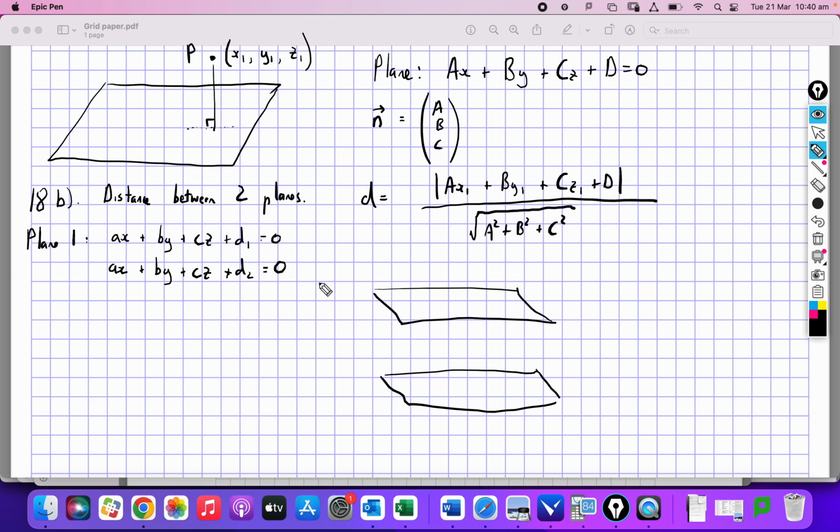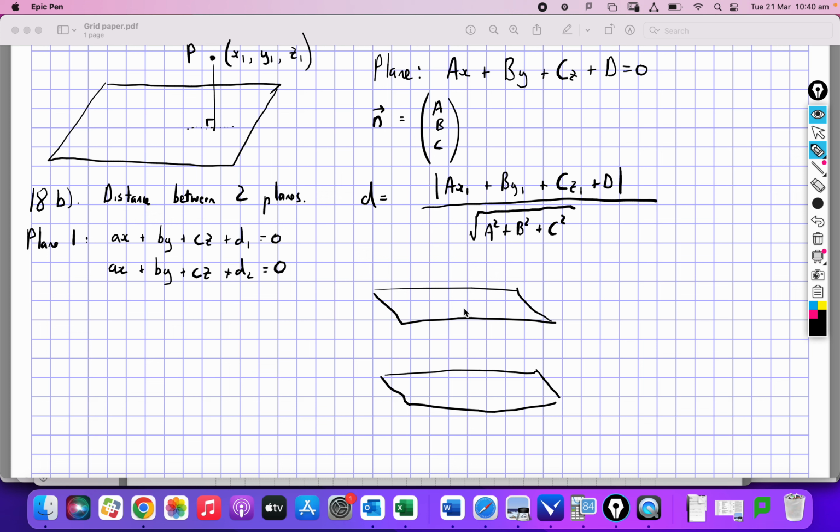Because the constant's different, they're not coincident. They're not the same plane. As soon as you just change that constant, they become parallel planes, so that if the x, y, z coefficients are the same, you're dealing with this situation here, parallel planes.